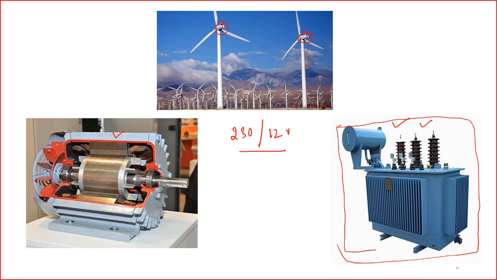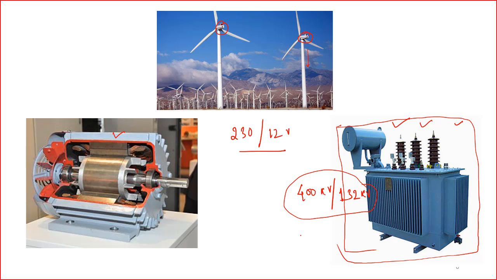But these transformers are generally known as distribution transformers or transmission type transformers, right? They operate at very high voltage, in the kilovolts, sometimes from 400 kV to 132 kV. So this is a step down transformer, 400 kV to 132 kV.